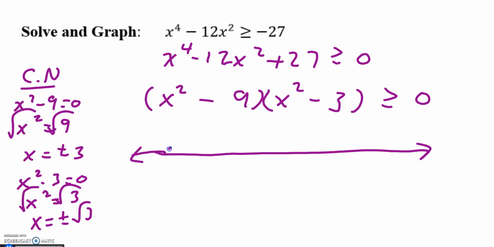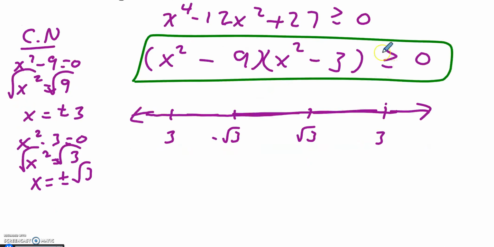So my roots would look like this, or my critical numbers. I might have -3, -√3, +√3, and +3. So I'd have multiple intervals to check this time. So because I have a greater than or equal to, all of these possibilities are included, so I'd have a closed dot on all of them. Rather than squishing in the interval notation, I will just do that later for the sake of time here.